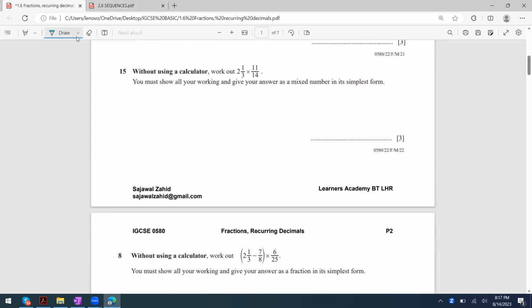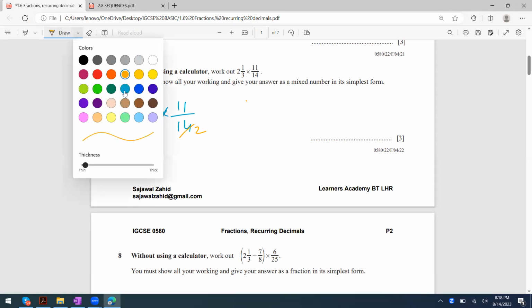We can do it. So first of all, convert it into an improper fraction. This is a proper fraction where the numerator is smaller than the denominator. 3 times 2 is 6, plus 1, 7 over 3, multiplied by 11 over 14. Whenever fractions are multiplying, you can simplify up and down. 7 ones are 7, 7 twos are 14, and there is no further simplification possible.